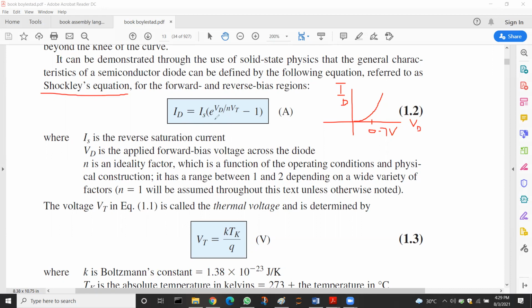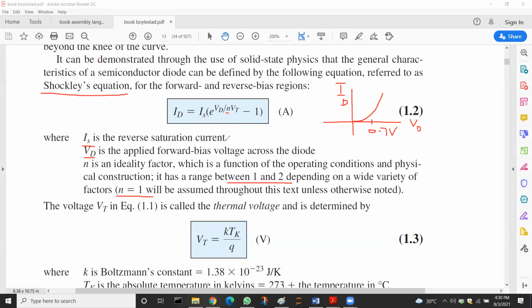As we see the different quantities, IS is the reverse saturation current, usually specified in the data sheet as well. VD is the potential difference applied, the forward bias voltage across the diode, and n is the ideal factor. It usually ranges between 1 and 2, and usually we use n equal to 1.